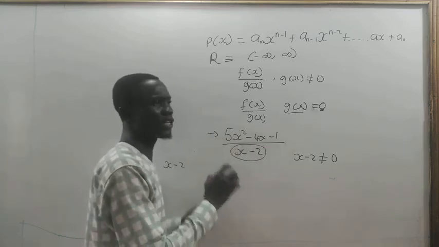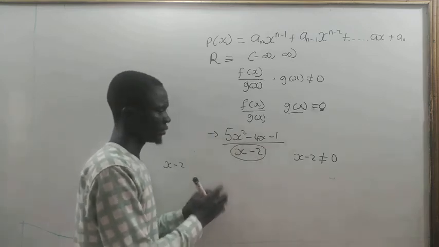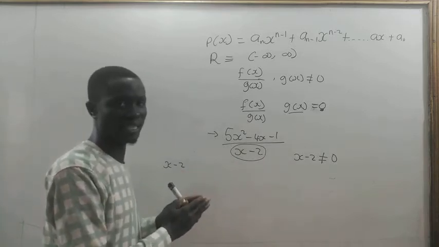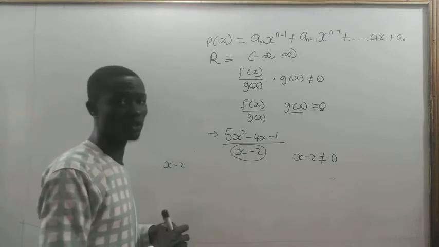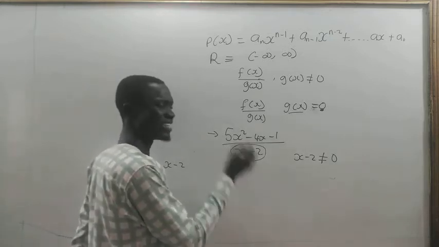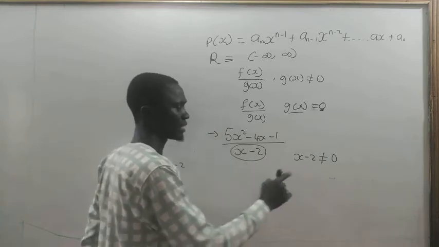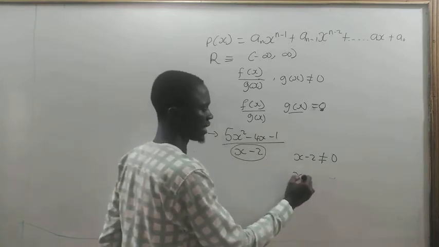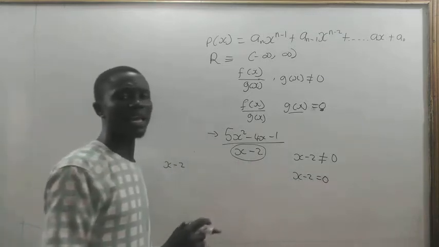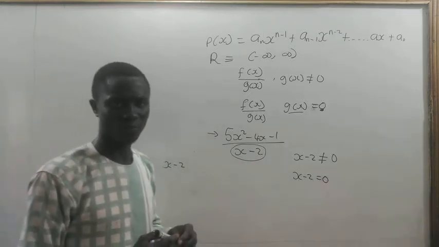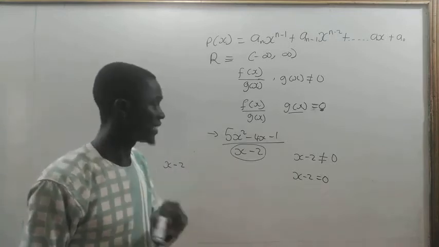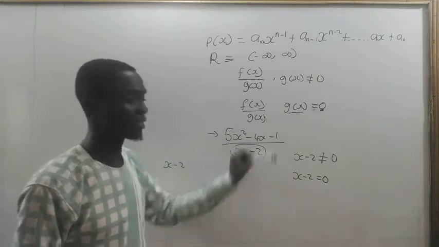So this function is continuous on its domain. You do domain of functions and you get to understand what we mean by the domain of the function. So here, x minus 2 is continuous, except that if we take x minus 2 equal to 0, there is going to be a breakage in the curve. Sorry, in the graph of this function.